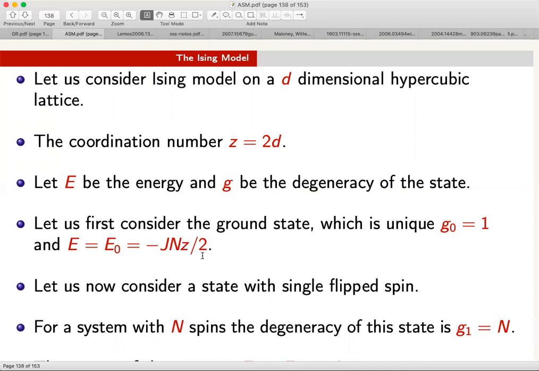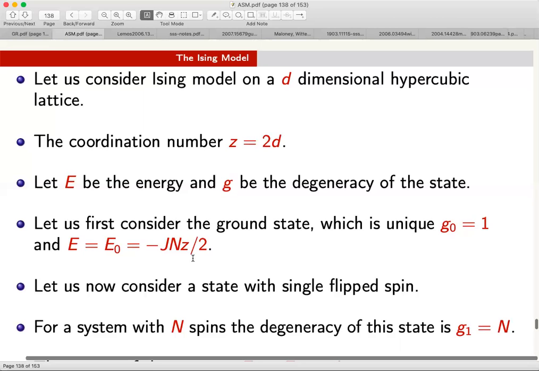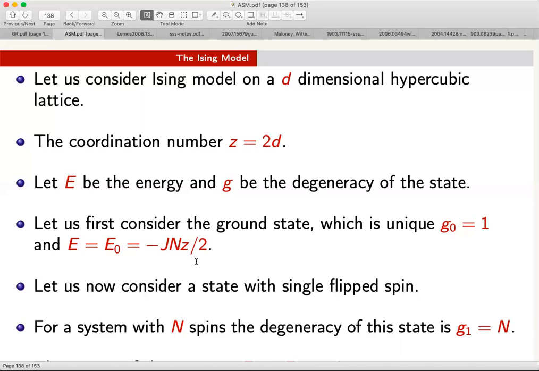The factor of 2 comes because, if you pick a spin, it interacts with its neighboring spin, but the neighboring spin is also interacting with this spin. So when you sum over all the configurations, every interaction is counted twice. So therefore you need to divide by 2. Is this clear? Every nearest neighbor interaction is counted twice in the state, so that's why we are dividing by 2.